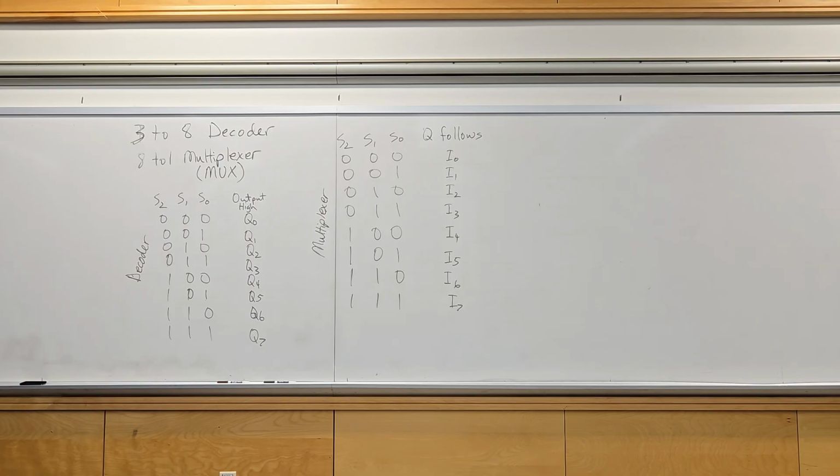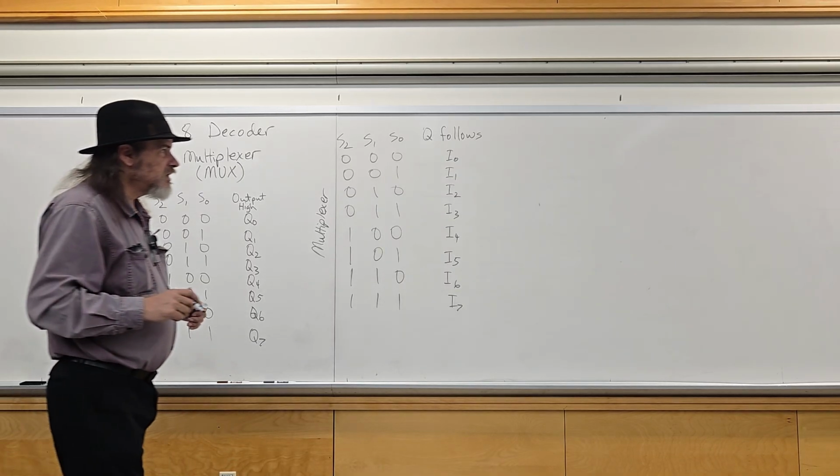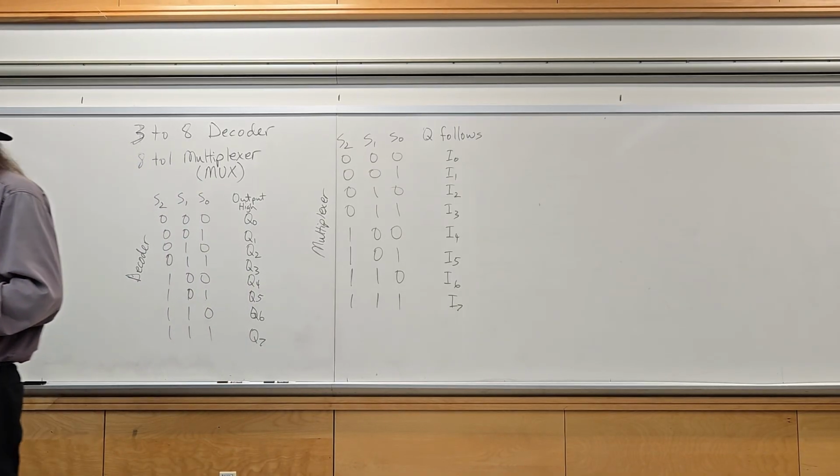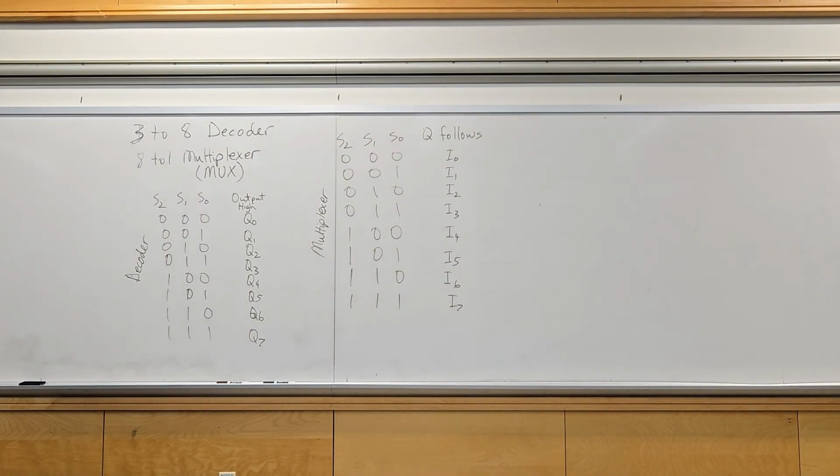Everybody have a good handle on decoders and multiplexers? Pretty basic logic circuits. Very common. You'll see them in lots of different places. Decoders can come in 1 to 2, 2 to 4, 3 to 8, 4 to 16.